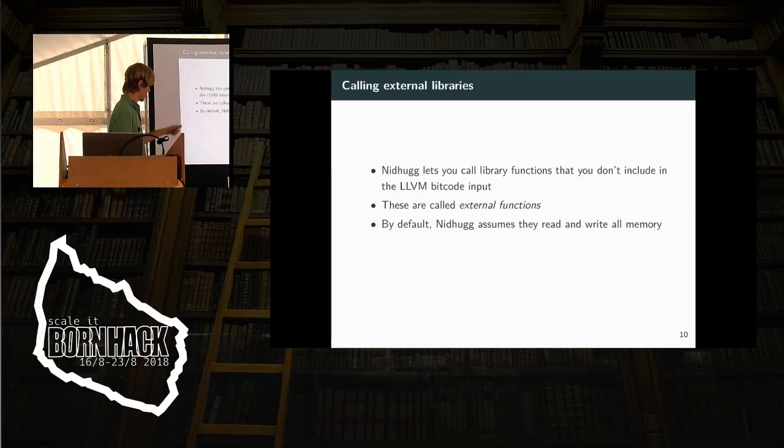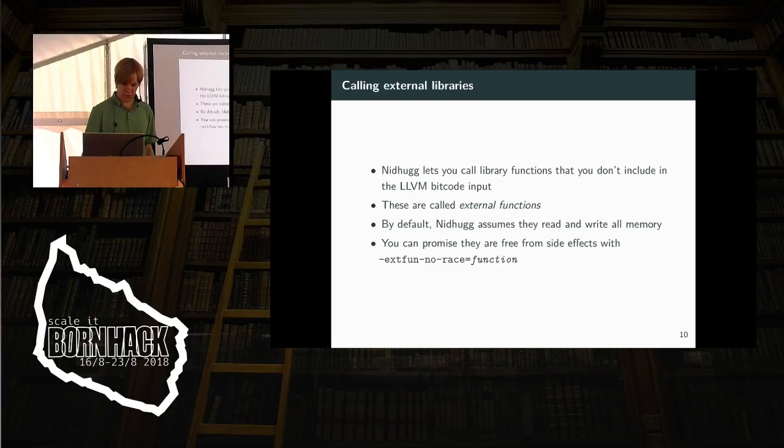So it will basically reorder this function with every other memory access it can. And obviously, if you are using external functions, sometimes this is undesired behavior because it makes Nidhugg run really slow, because there are just so many permutations of these things to try.